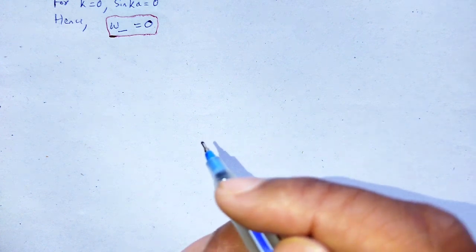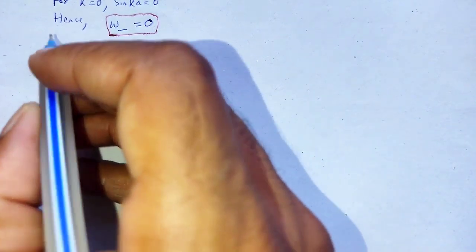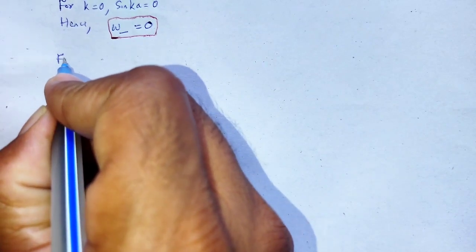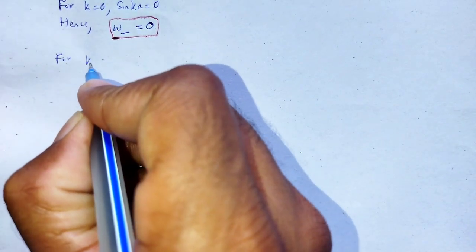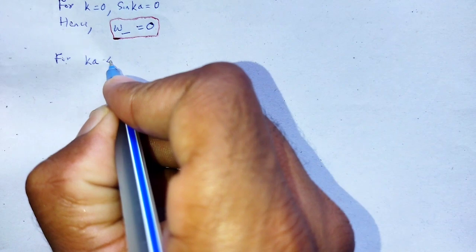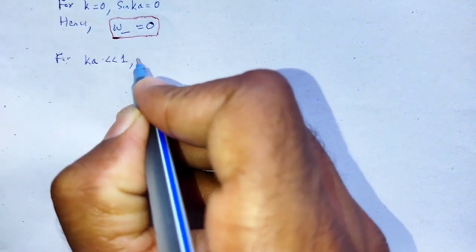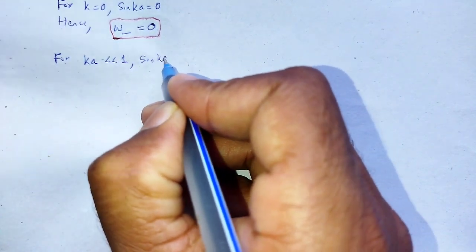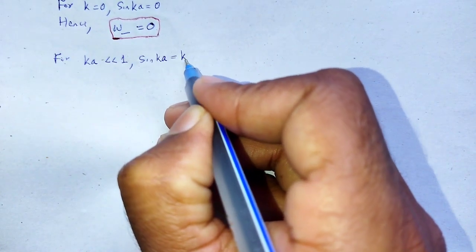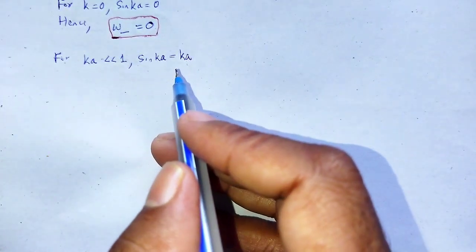Next, for taking Ka very much less than 1, at that case sin Ka is equal to Ka, sin theta is the same as theta.